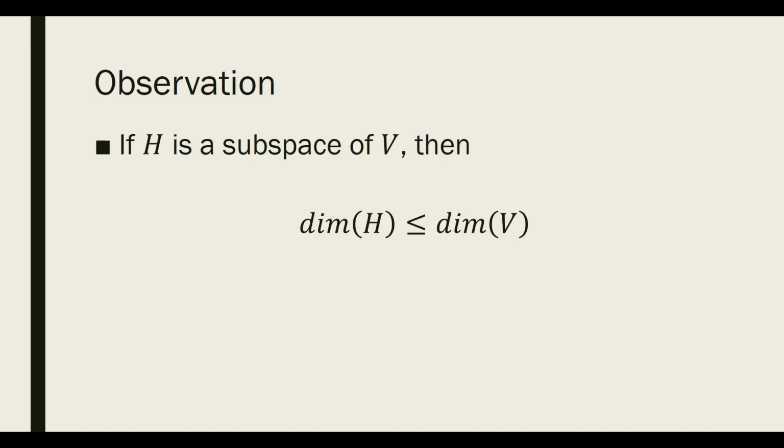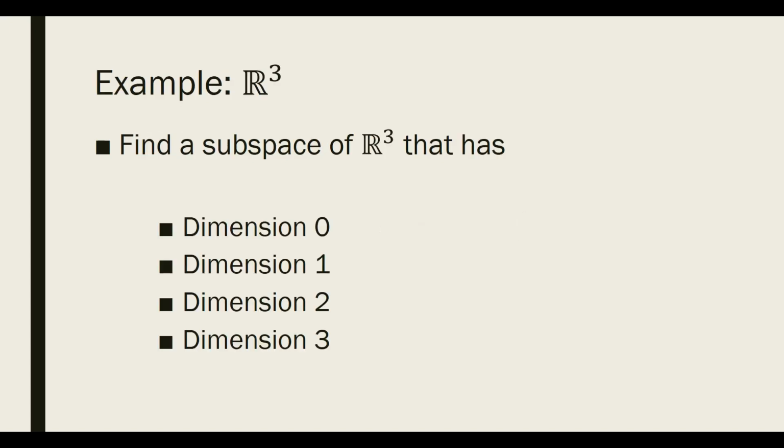So if H is a subspace of V, then the dimension of H has to be smaller than or equal to the dimension of V. So let's think through. I want you to push pause on the video and think through finding some subspaces of R3 that have dimension 0, that have dimension 1, that have dimension 2, that have dimension 3.